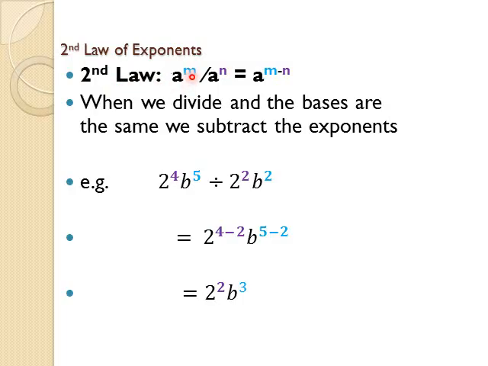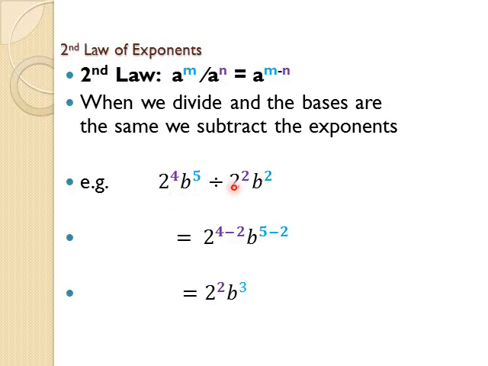Let's go to the second law. So they have a to the power m divided by a to the power n. According to the second law, if I divide and the bases are the same, we subtract the exponents. So that becomes m minus n. So when we divide and bases are the same, we subtract the exponents. So here we've given you 2 to the power 4, b to the power 5, divided by 2 squared, b squared.